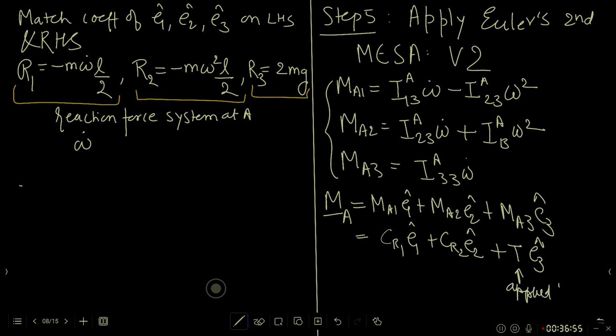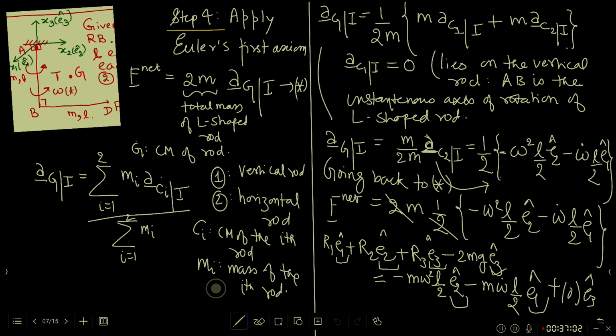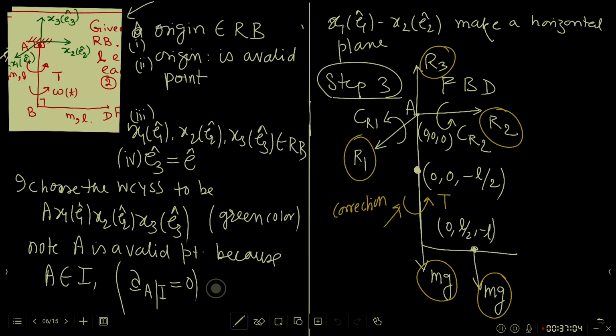Let us go back and have another quick look at the free body diagram. This is the free body diagram. So if I have to find the net moment due to the external force system about point A, mind you, R2 does not give any moment because it passes through A. R3 and R1 for the same reason do not contribute to any M_A.